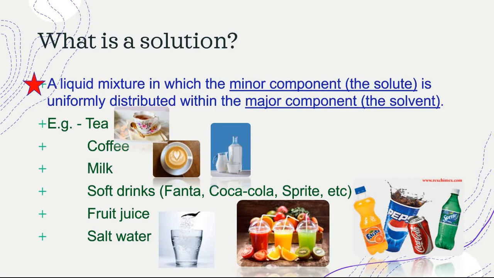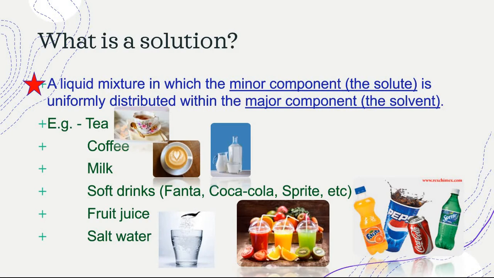So this component which you added in higher amounts is called the solvent. In the case of tea, it was hot water. The thing you added in lower amounts is known as the solute. In this example, that is sugar and tea leaves.